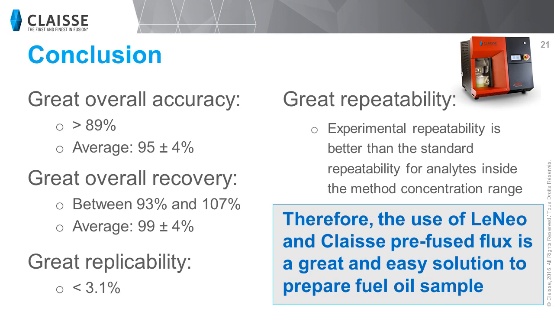Using a Claisse fusion instrument as a sample preparation method has a lot of benefits. Since it's automatic, there is no need for supervision during the process. Also, because the fusion process is automated, the safety is increased compared to the typical method, as you don't have to manipulate hot vessels or strong acid.